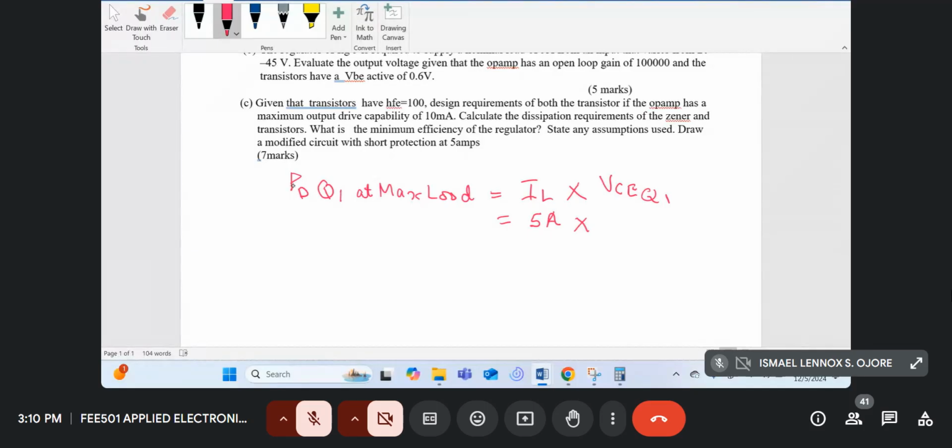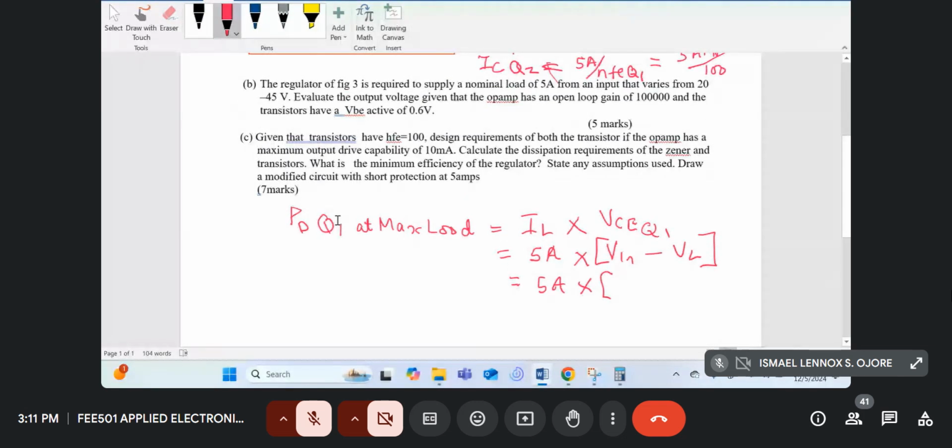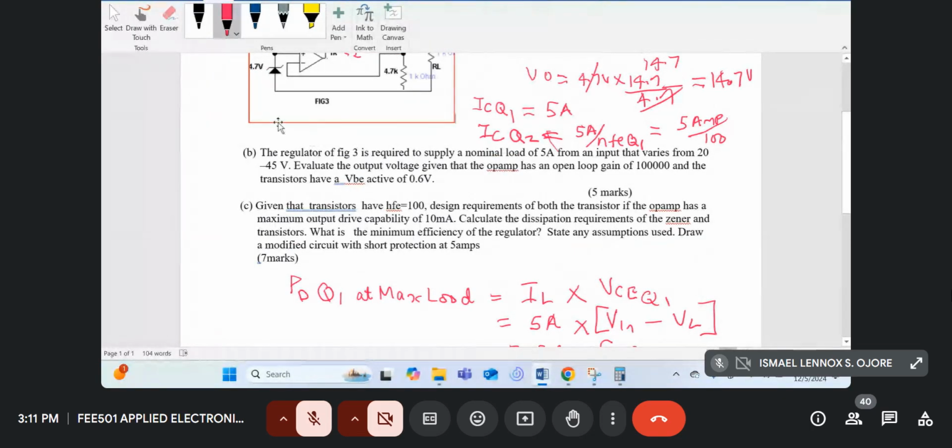VCE Q1 is Vin minus VL. So this is 5 amps. Vin maximum is 45 volts, minus VL. Our load voltage, we found it, be 14.7.